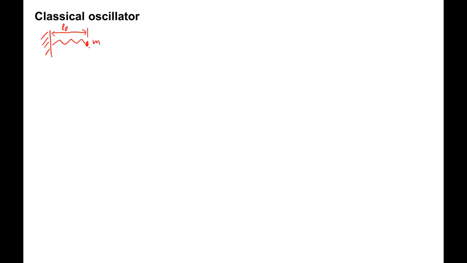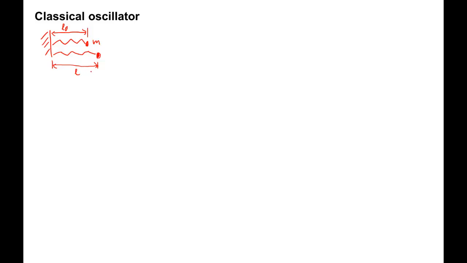When we pull on the mass and extend the spring, let's say to length L, there is going to be a restoring force that drives the spring back towards its equilibrium position. The same happens if you compress the spring.